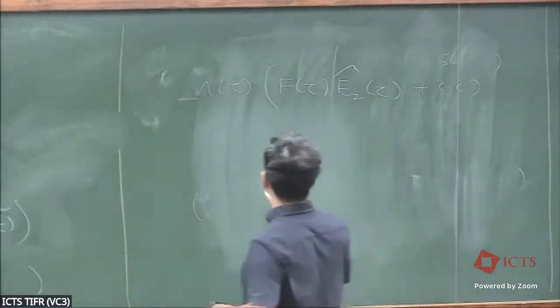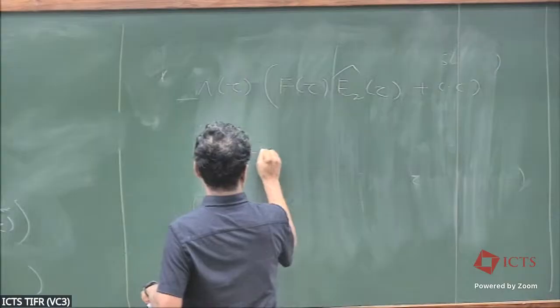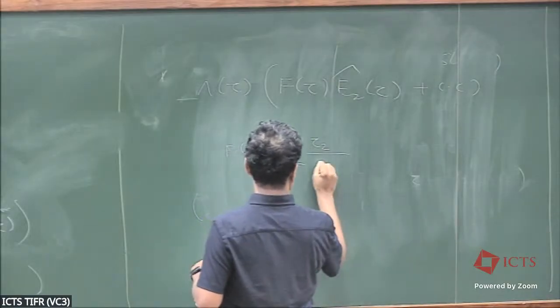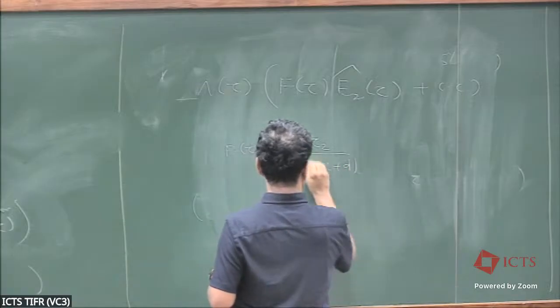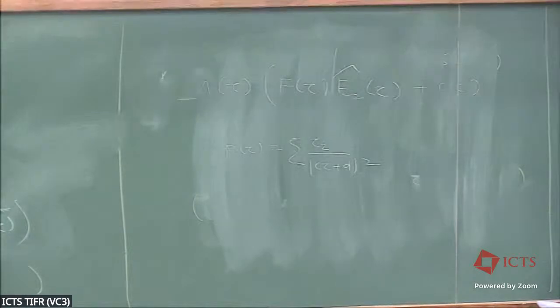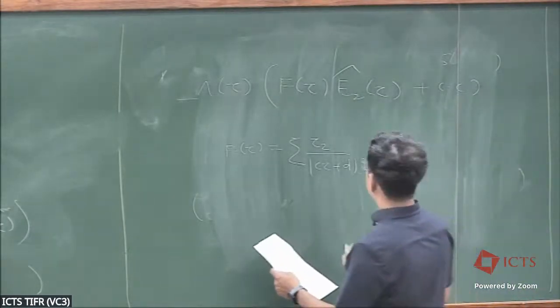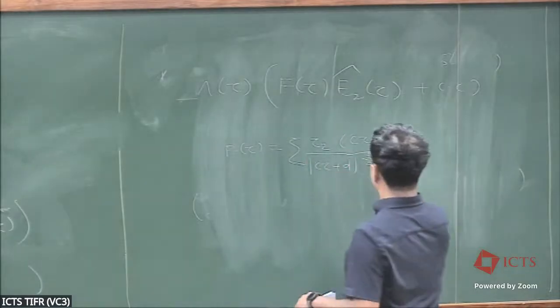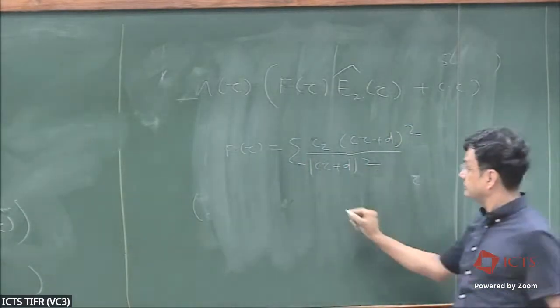It looks like f of tau is actually tau 2 times (C tau plus D) whole square divided by |C tau plus D| whole square.